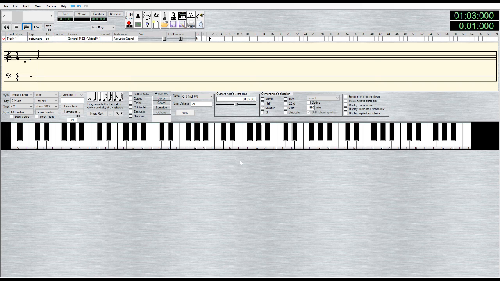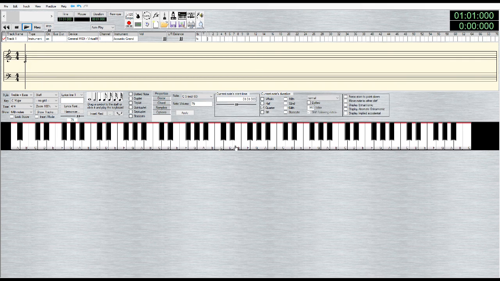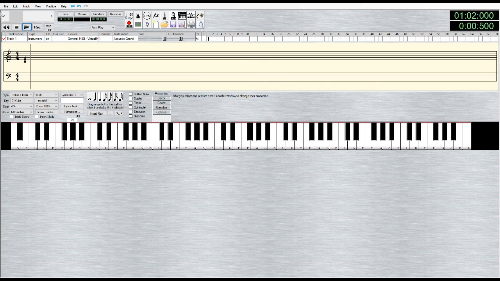We have our notes that we were just looking at, and they were in the C major scale, were they not? That is why we call C, E, and G a C major chord. And once again, our C major chord with C, E, and G, put them all together, it's a lovely sound.